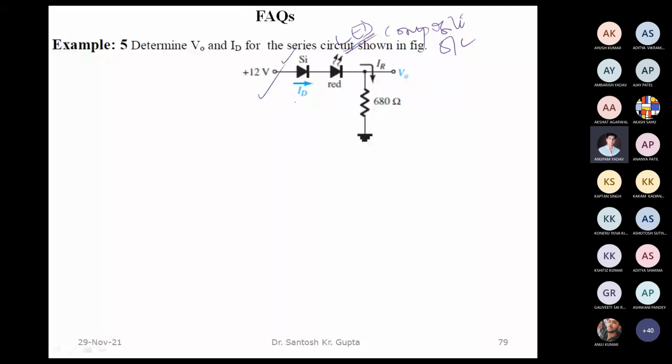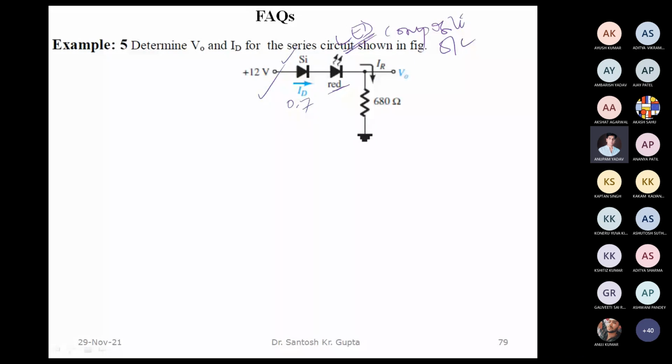Silicon has 0.7 volt, and this LED has a different barrier, I think more than one volt. It is given somewhere, I think.